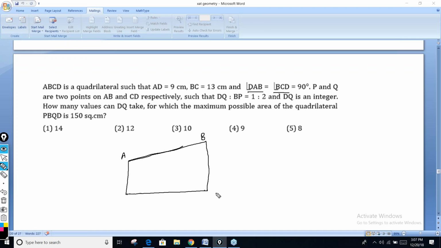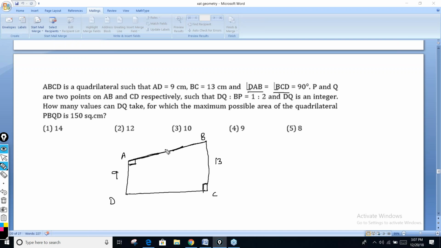ABCD, this is a quadrilateral. This angle and this angle is given as 90 degree. So you can slightly take it like this. So this angle is 90 and this angle is 90. AD is given as 9, BC is given as 13.